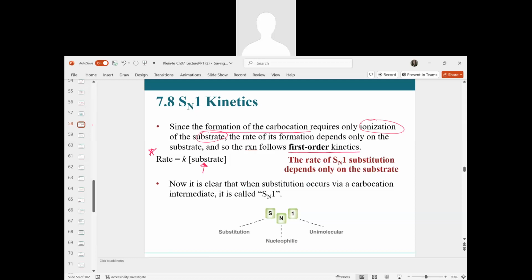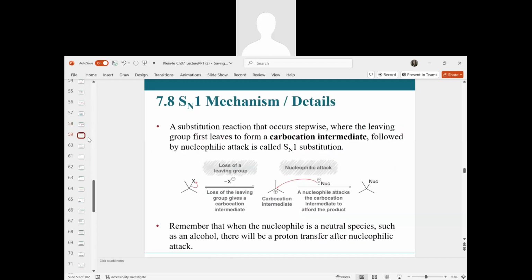Once again, just to make clear what these abbreviations stand for: we have a substitution reaction, it is nucleophilic, and now the 1 designates that it is unimolecular. The details of our SN1 mechanism again involve the loss of the leaving group in a first step. We can generalize that as minus whatever halogen leaves with that negative charge, and left behind we have this carbocation intermediate.